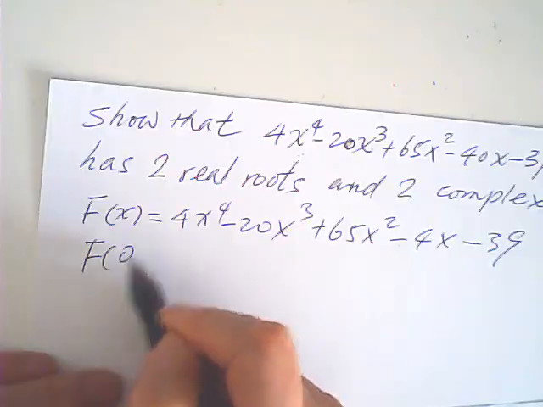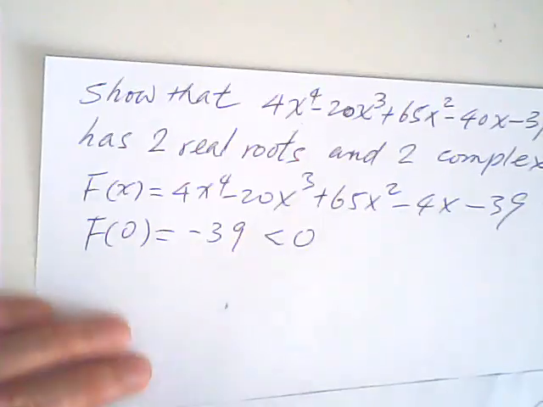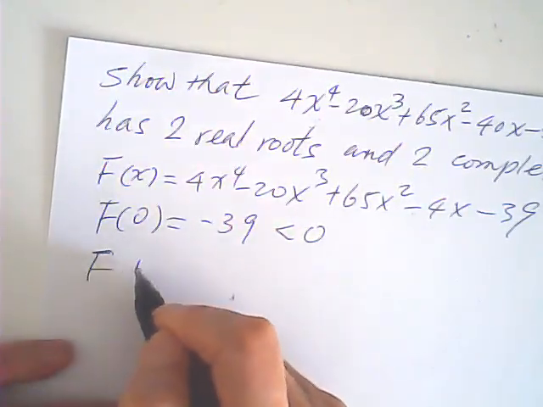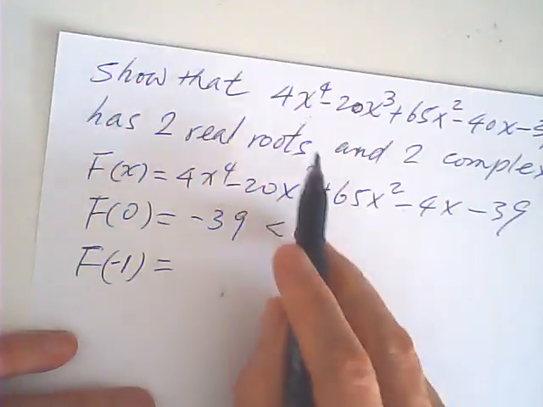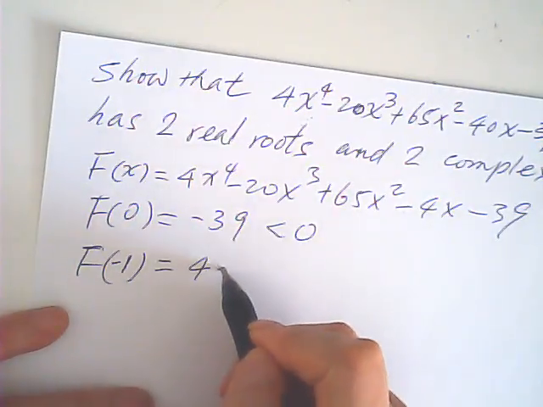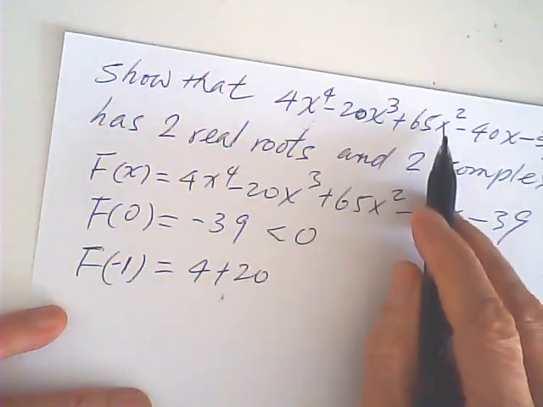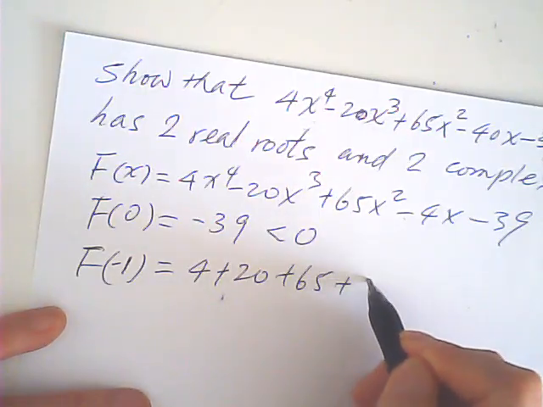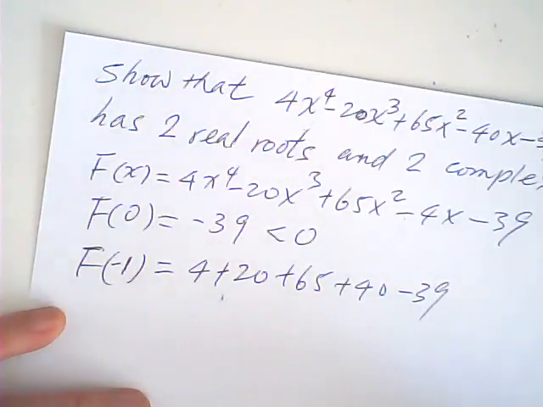Then f of 0 is minus 39, which is less than 0, and f of negative 1 will be equal to 4 plus 20 plus 65 plus 40 minus 39.